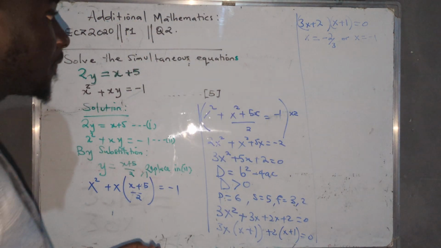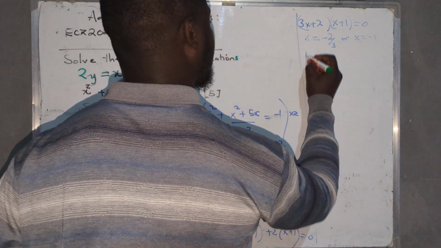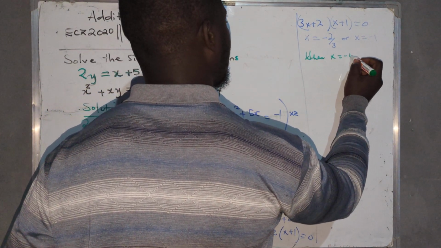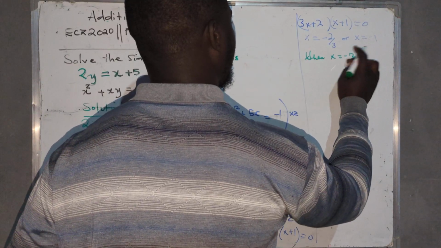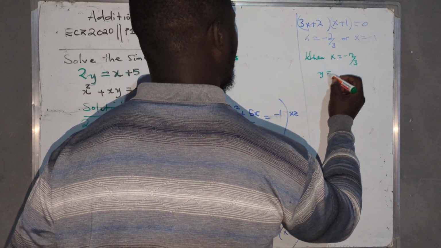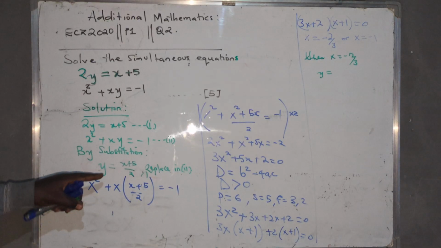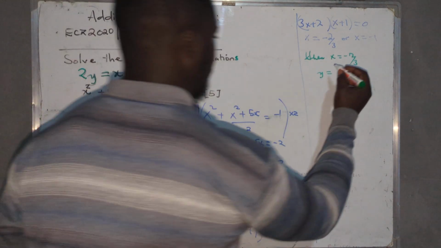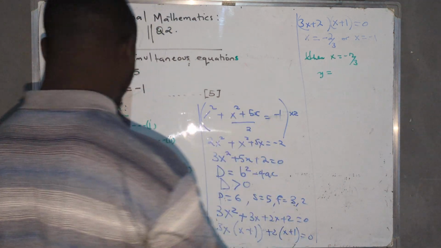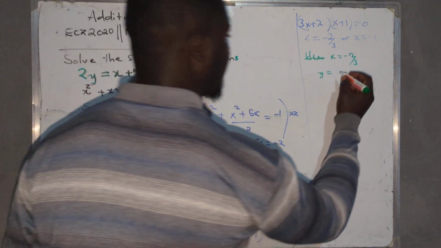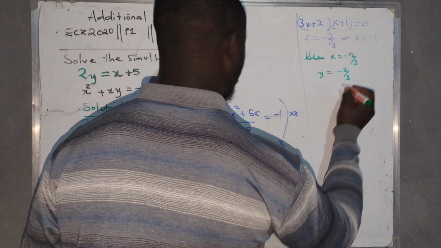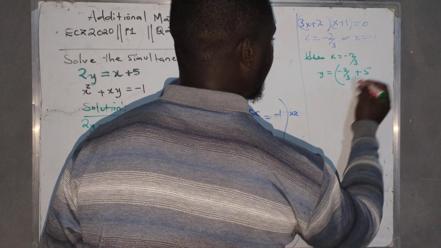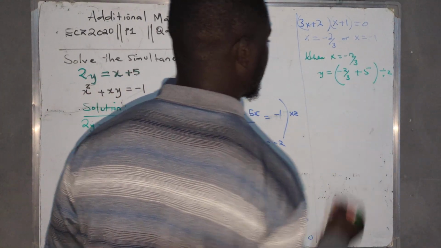So I'll be saying when x is negative 2 over 3, y is equal to, so we have already this equation, which is the easiest equation that we have. So where there is x there, just put this, plus 5, everything divided by 2, right?